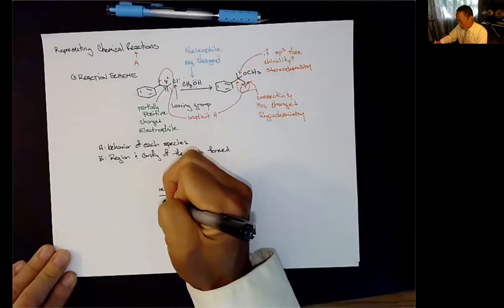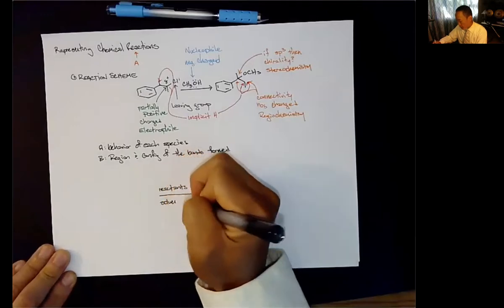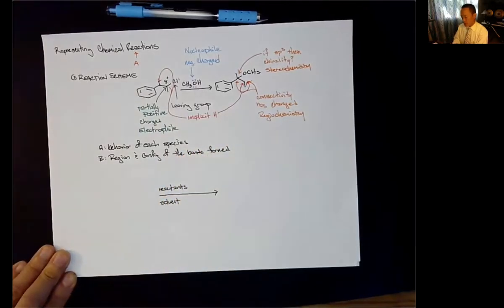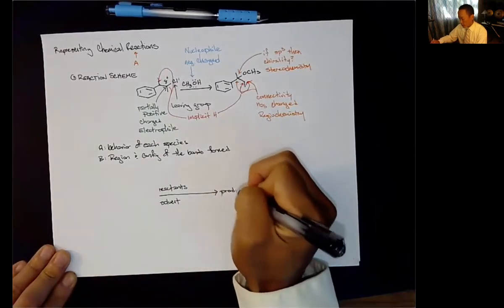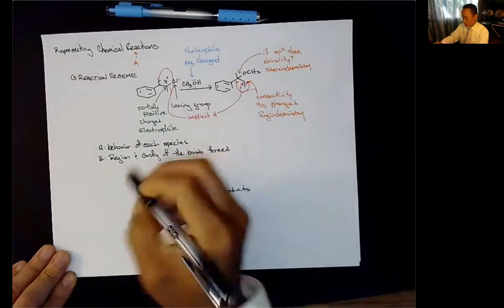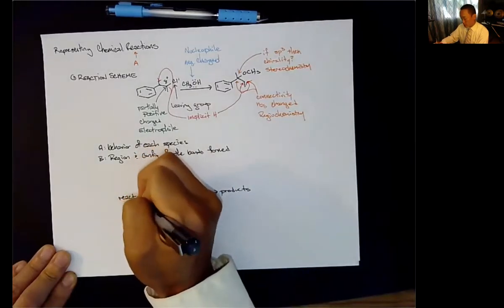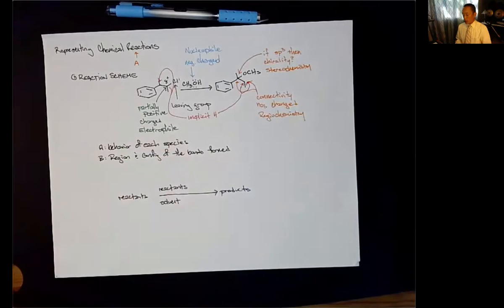Typically below this, you'll see the solvent that is used. And I'll just insult your intelligence here: products are going to be on the right, reactants on the left. And so you will see this type of thing as a representation of a reaction scheme.